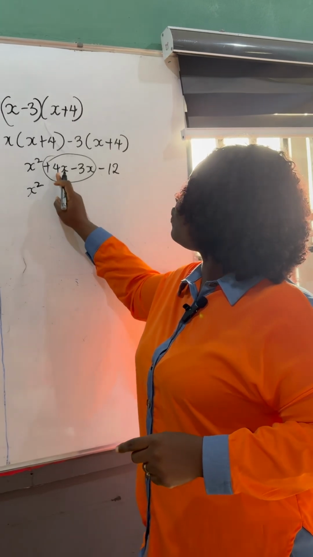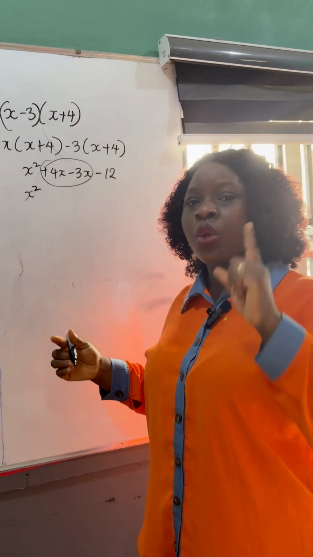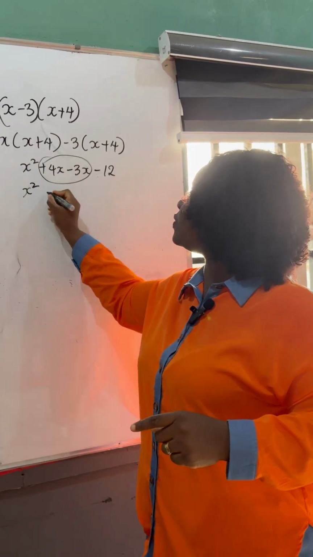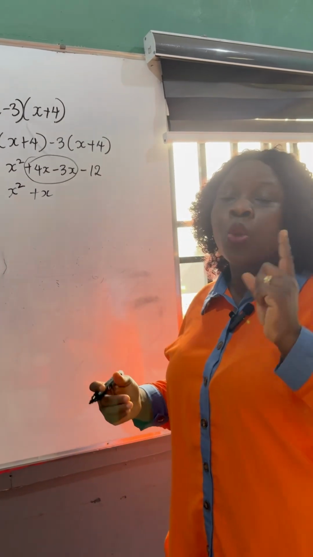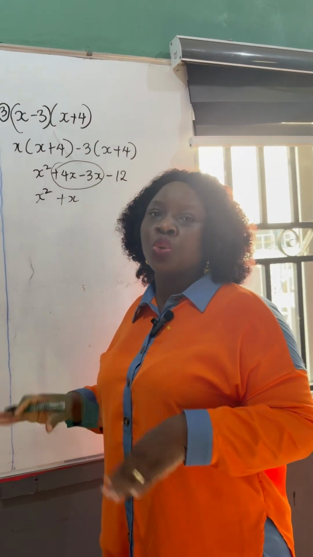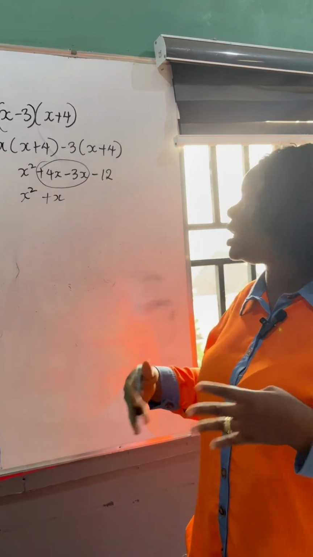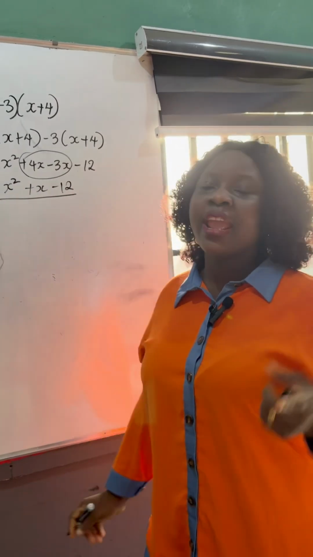So 4x take away 3x, we have 1x remaining. And what is the sign in front of the bigger number? Positive. So this gives me plus x. Plus x is the same thing as 1x, but we don't write 1x, minus 12. And that is the answer.